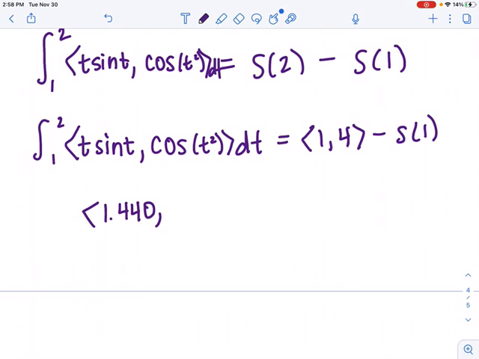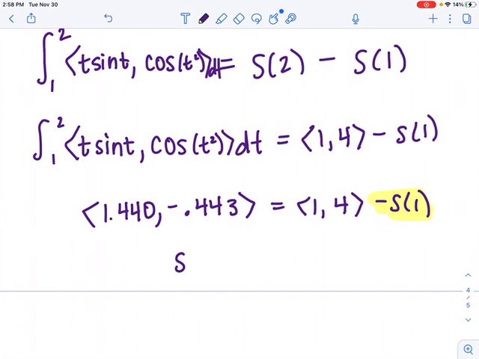You should get negative 0.443. Okay, so if we actually solve this little equation here for our position at 1, our position is going to be (negative 0.440, 4.443).